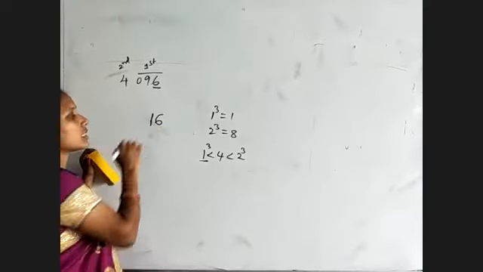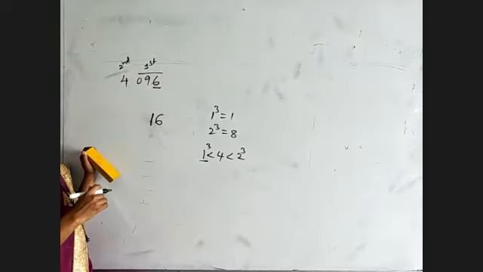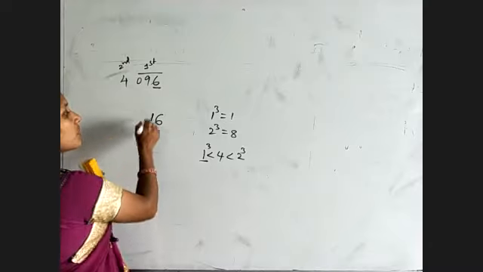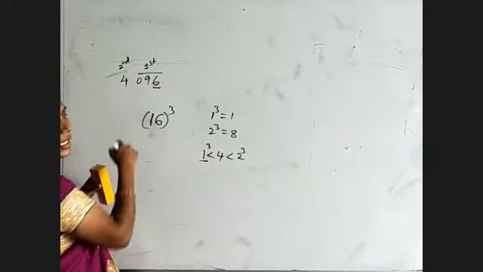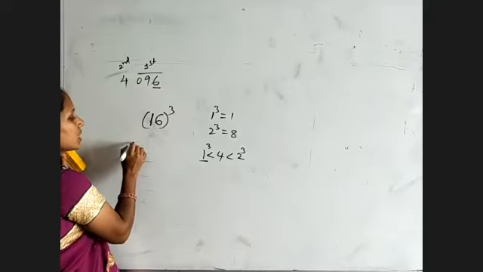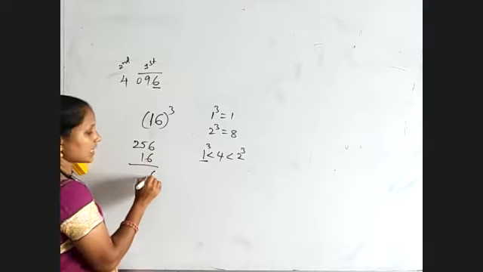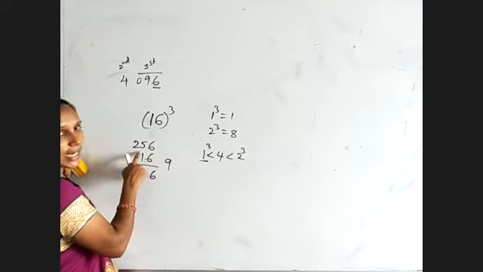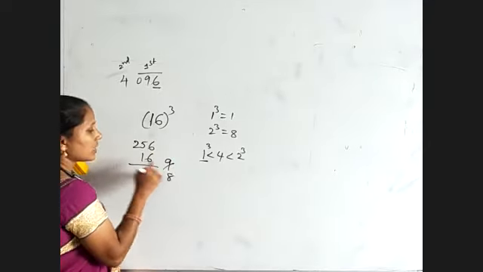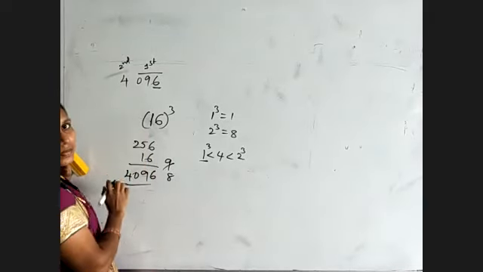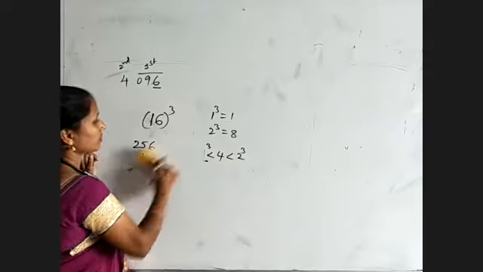Means in the tens digit we will get 1. That's it. Estimation method means like this we have to do. So just observe whether you will get the cube of that number. 16 16 is 256. 256 into 16. 16 6s are 96. 16 5s are 80 plus 9, 89. 16 2s are 32 plus 8 is 40. 4096. Okay.